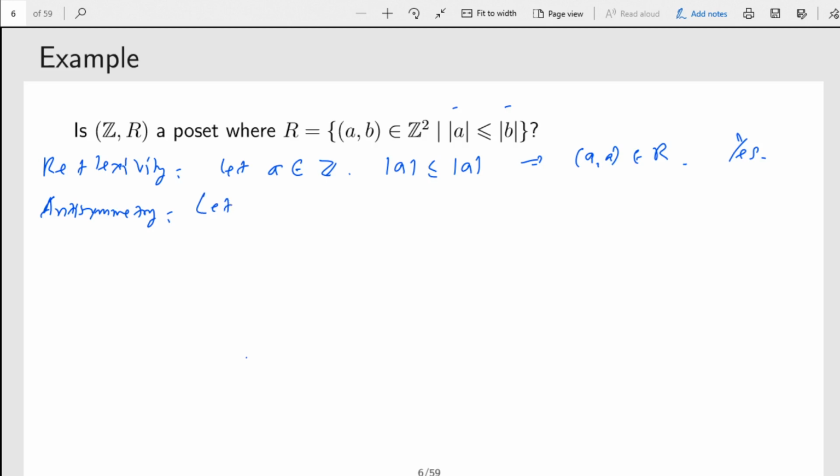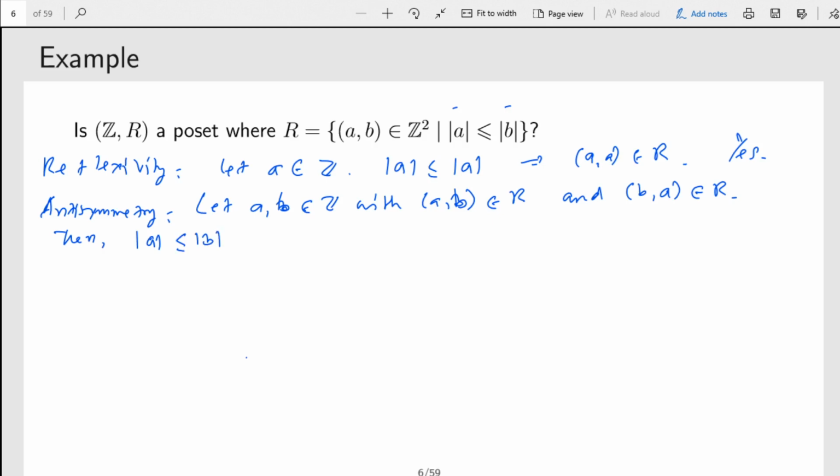Now how about antisymmetry? Take integers a and b with both a, b in R and b, a also in R. Then what does it mean? It means that the absolute value of a is less than or equal to the absolute value of b, and the absolute value of b is less than or equal to the absolute value of a.